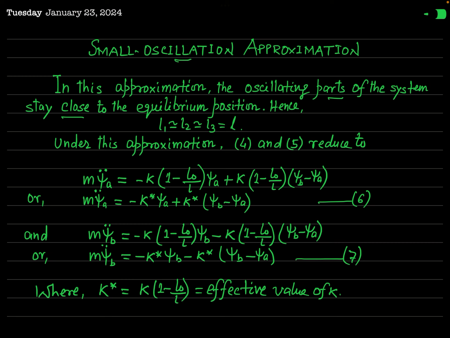So you can take the lengths of the three springs L1, L2, L3 in this condition to be almost equal to L, the length of the spring in the equilibrium state. So if you have to write down the equation of motion of this system in the small oscillation approximation, you have to replace all these L1, L2 and L3 by L.